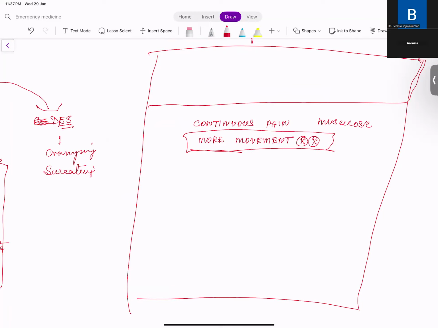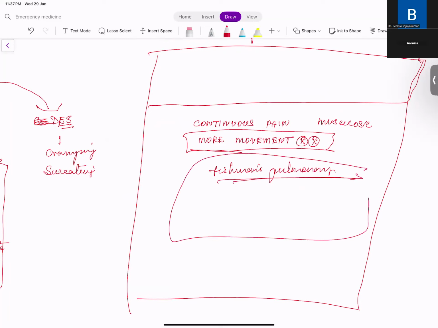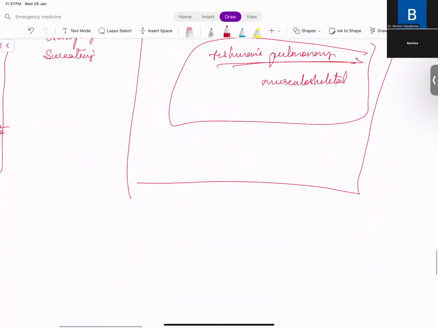This is given in a book called Fishman's Pulmonology. Okay, so when pain is present continuously without any danger signs, it is usually musculoskeletal. So to you, as I already discussed last time, you are to decide whether the chest pain is potentially life-threatening or a non-life-threatening condition.